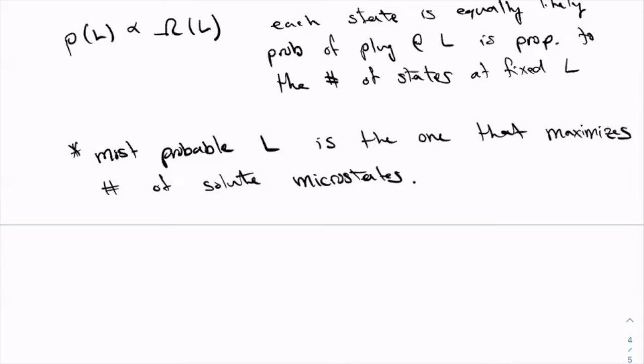If the probability of finding the plug at L is proportional to the number of solute microstates at that fixed L, then the most probable position is just the one that has the largest number of those microstates. So let's do what we do in statistical mechanics and let's just count.